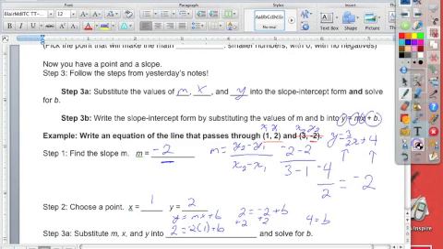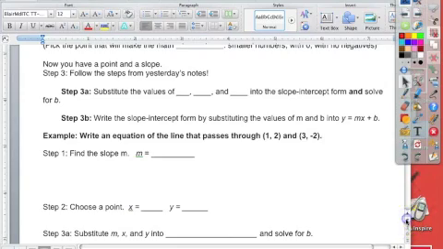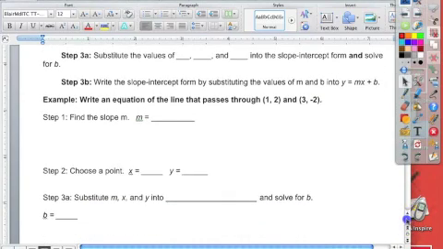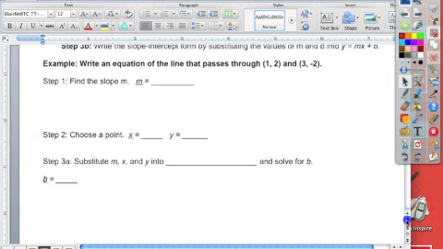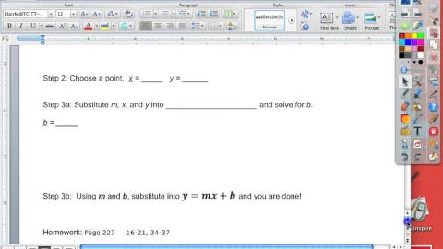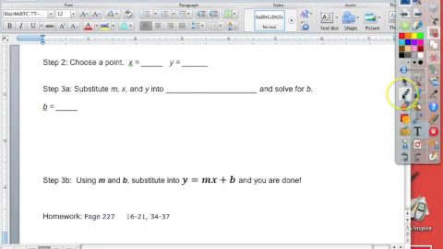Right, so from there, I want to scroll down. Substitute the m, x and solve for b. We did that. We said the b equaled 4. Therefore, using everything that we've already come up with, we're going to solve it. So y stays the same, equals m, which we said was negative 2, x plus b.